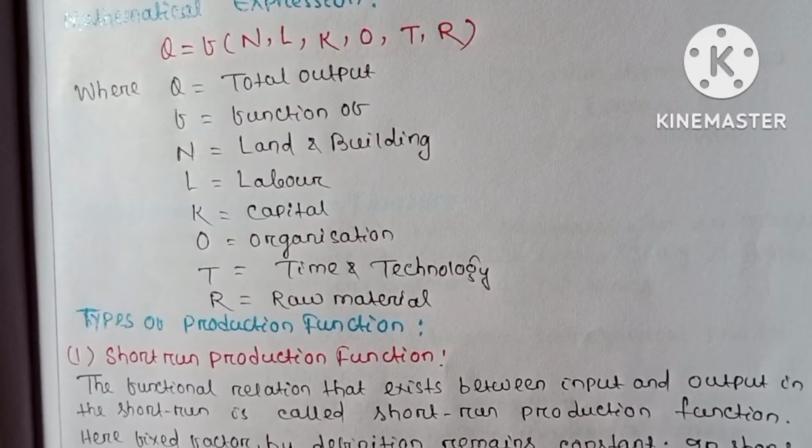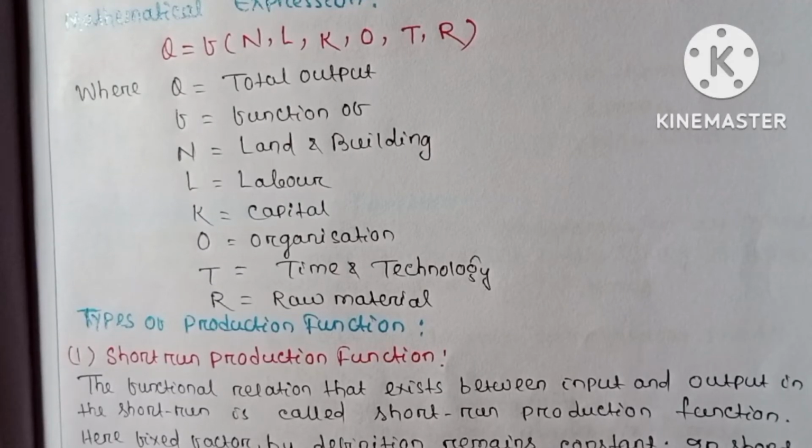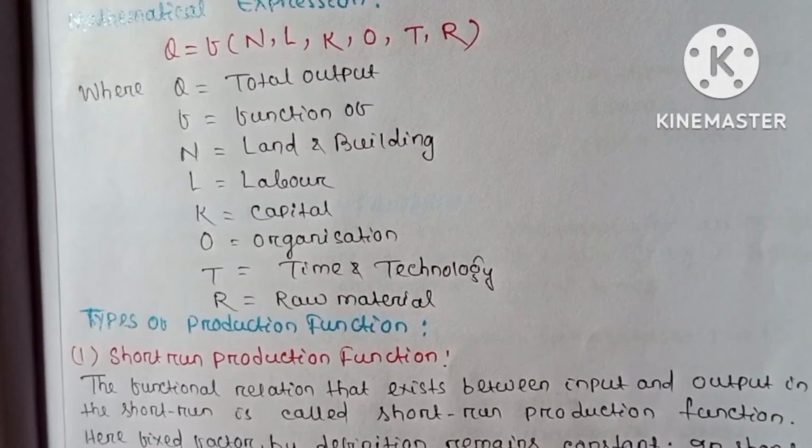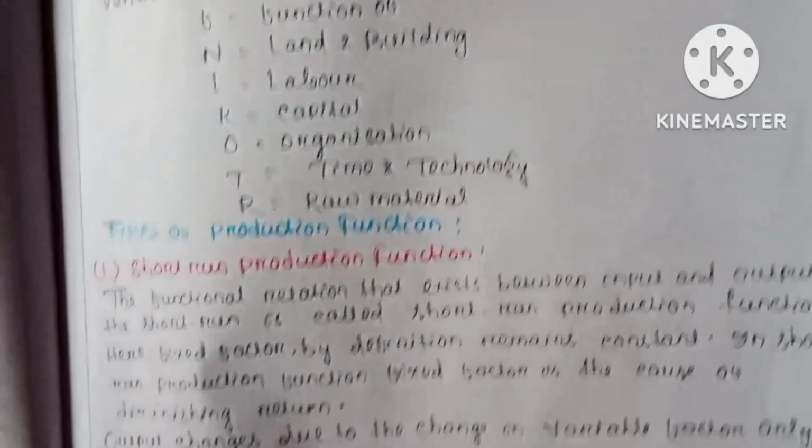So if you want to change the level of output, we have to employ the variable factors only. Here output changes due to change in the variable factors only. In the short run, the fixed factor is the cause of diminishing returns.